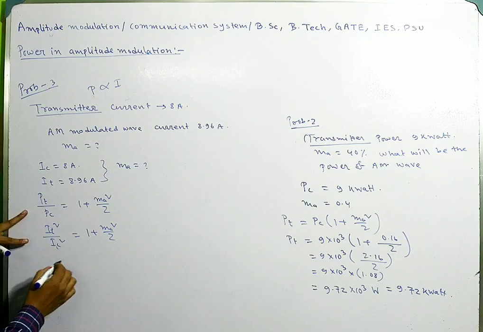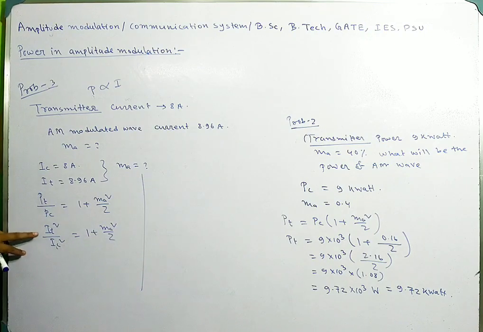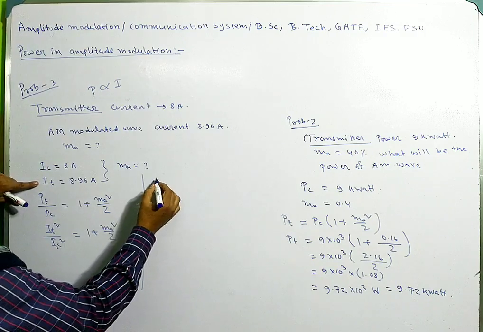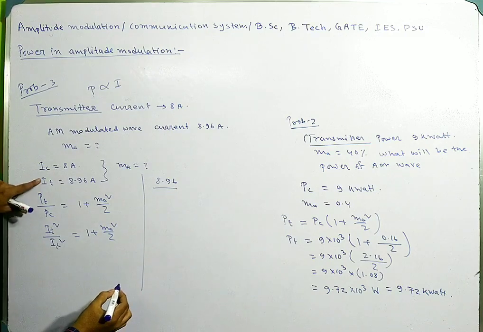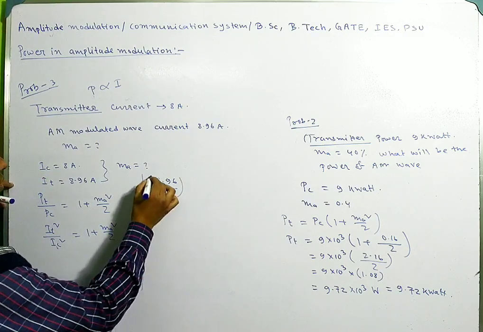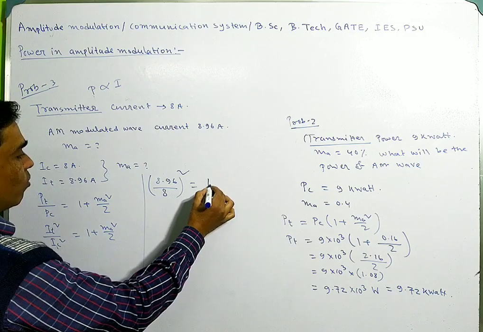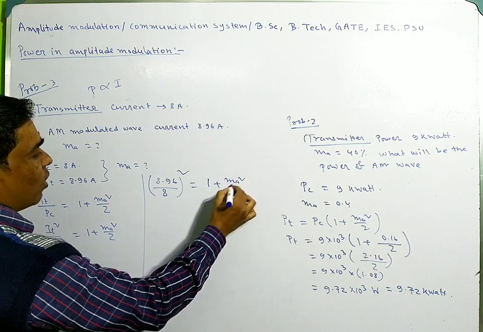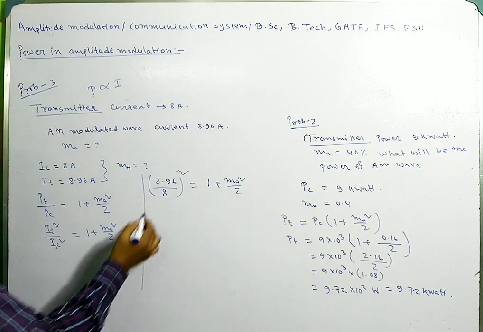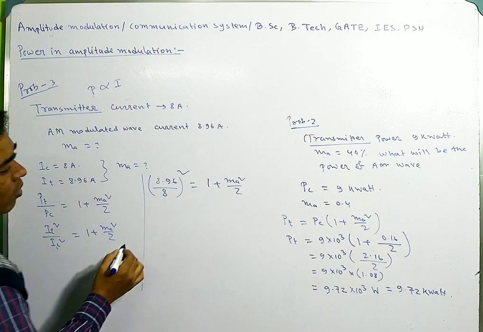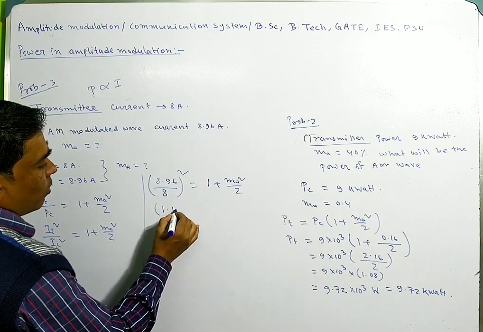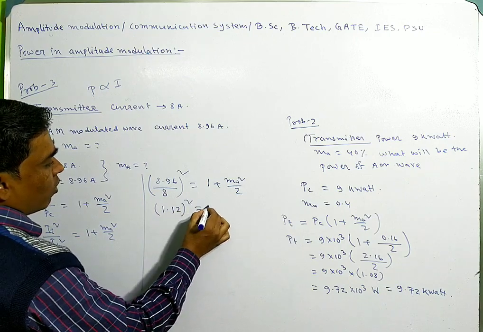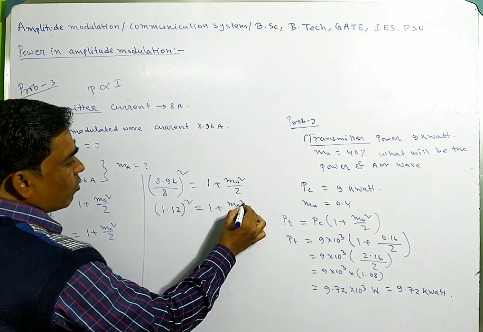So here this is IT and IC. The value of IT is 8.96 and the value of IC is 8, and this whole square is equals to 1 plus MA square divided by 2. Now if you divide this, it will be (1.12) whole square equals 1 plus MA square by 2.